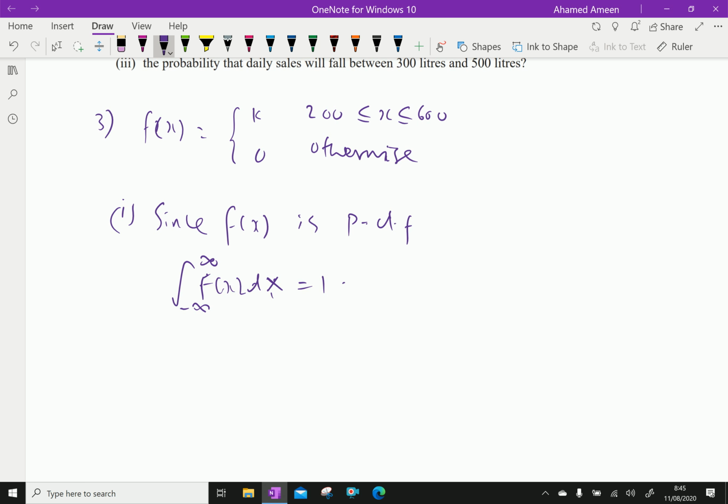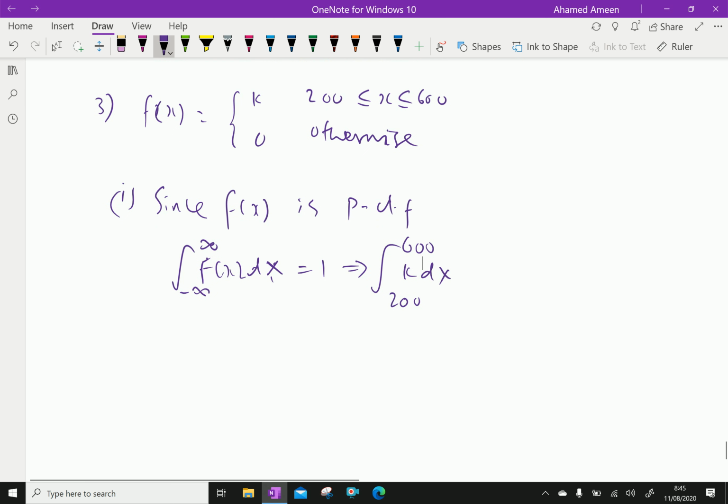Which is further, we can say, here 200 to 600 is the integral of k dx equal to 1.